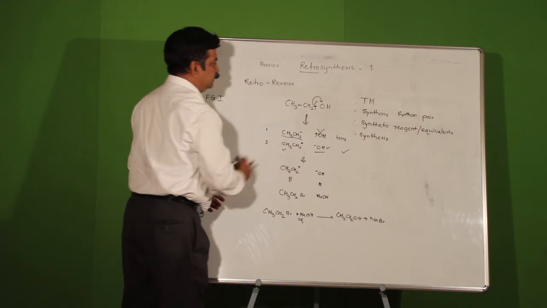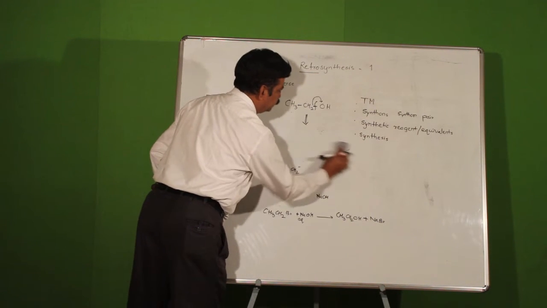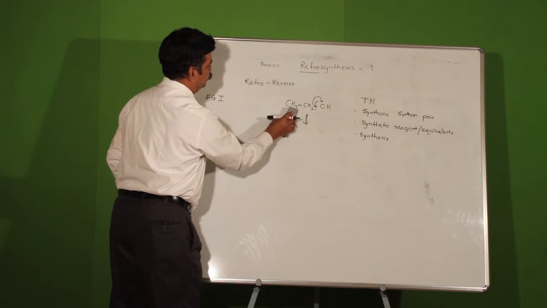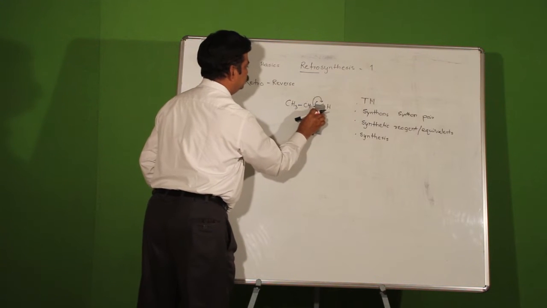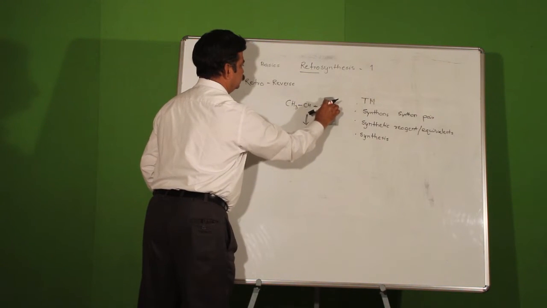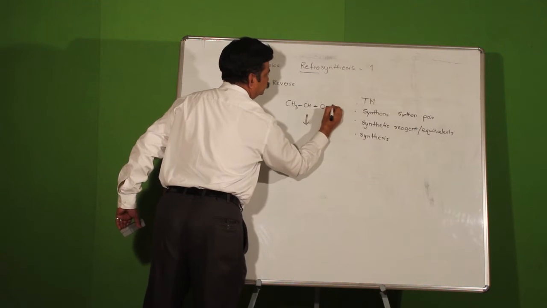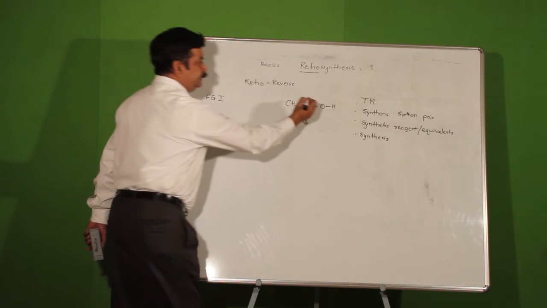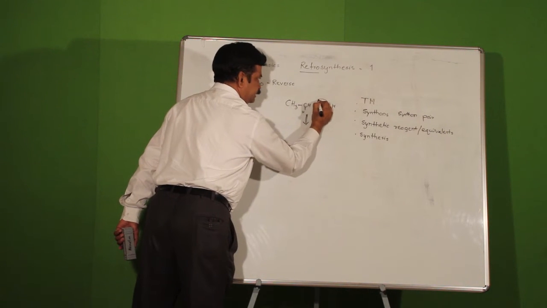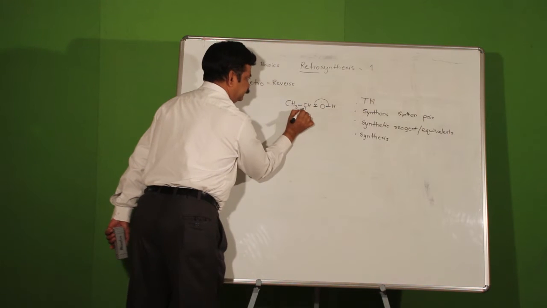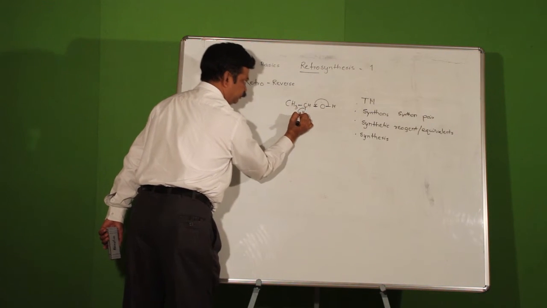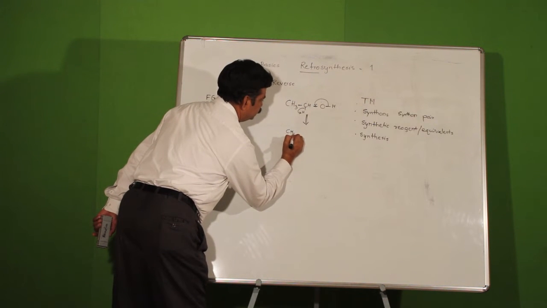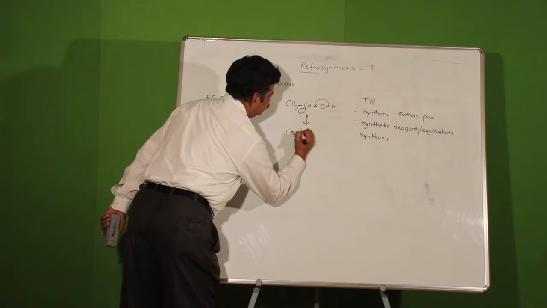We can see this another method by retroanalysis for the same molecule. Take this sigma bond inside. A shortcut way of showing the mechanism. Converts it into CHO.